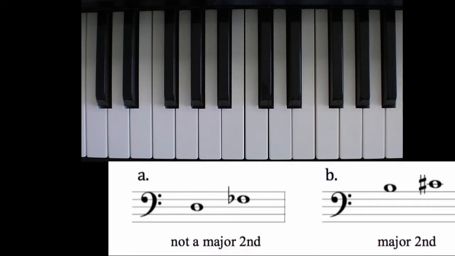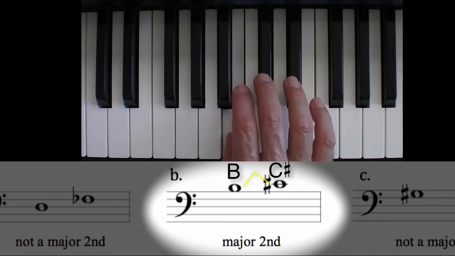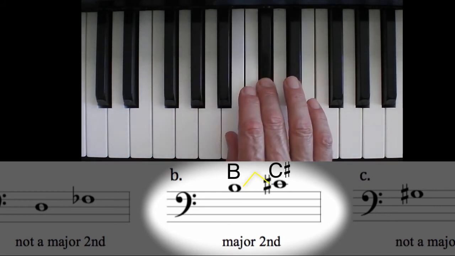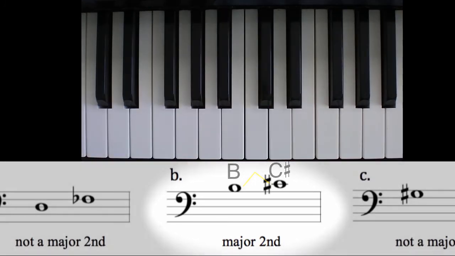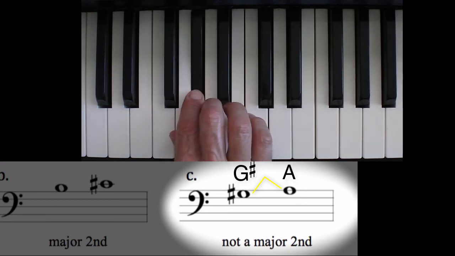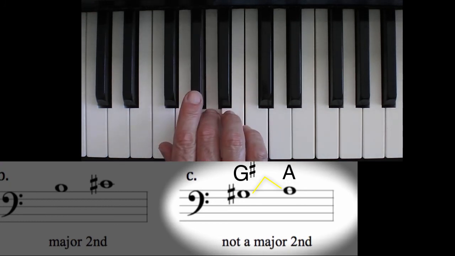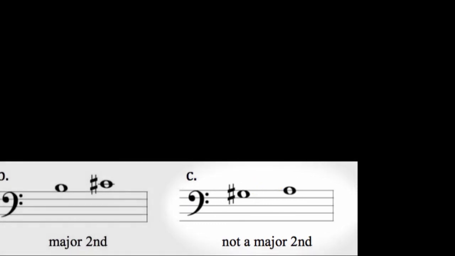In B, it is a whole step and also is a second. C, it is a second but not a whole step. So therefore, only example B is a major second.